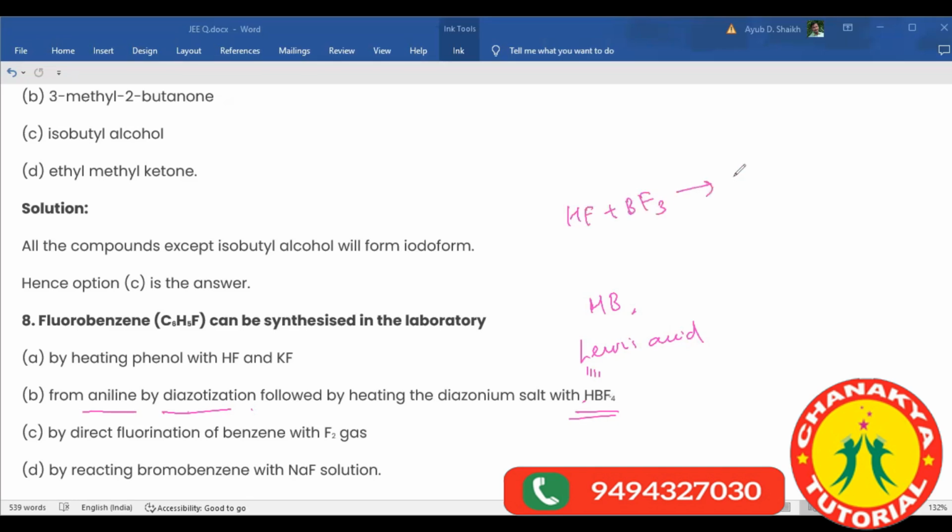So it becomes HBF4. Among that, one fluorine would be electron deficient and gets attracted towards the benzene. Understood? Yes, ma'am. Kind of Lewis acid. Okay, fine. So your option 2 is the correct answer. I will move on to the next question.